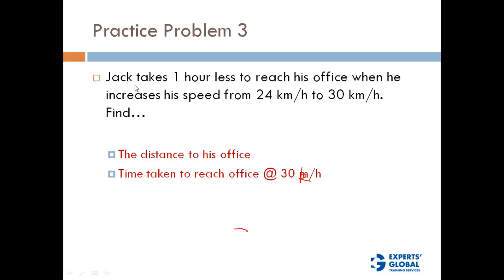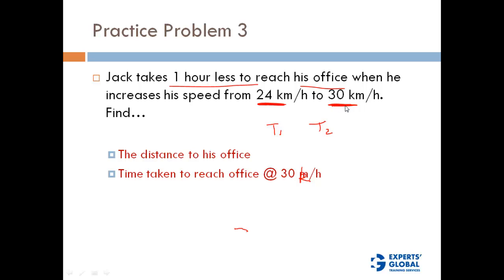Okay. So what information do we have? Takes 1 hour less to reach his office. Let's say T1 is the time taken with 24 kilometers per hour and T2 is the time taken with 30 kilometers per hour. Now you will see that at 24 kilometers per hour he is going to take a longer time, right?